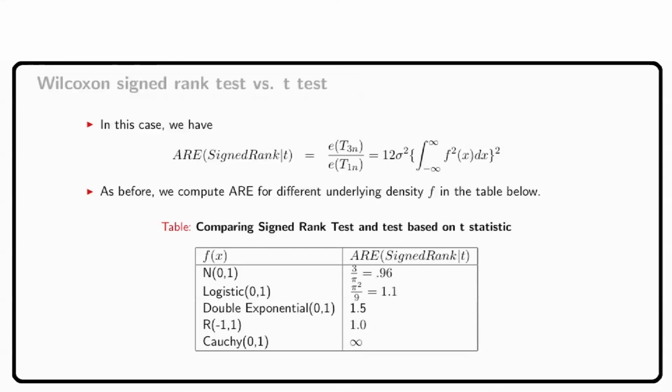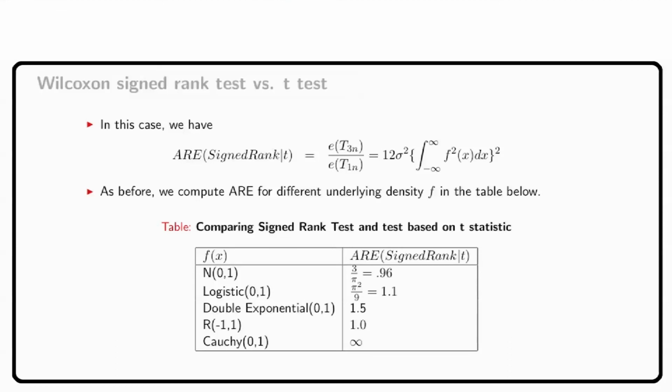Roughly speaking, for normal parents, we would require 36% fewer observations for the t-test compared to the sign test to get the same performance. This is not unexpected, as the sign test uses only the information about the signs of the differences.